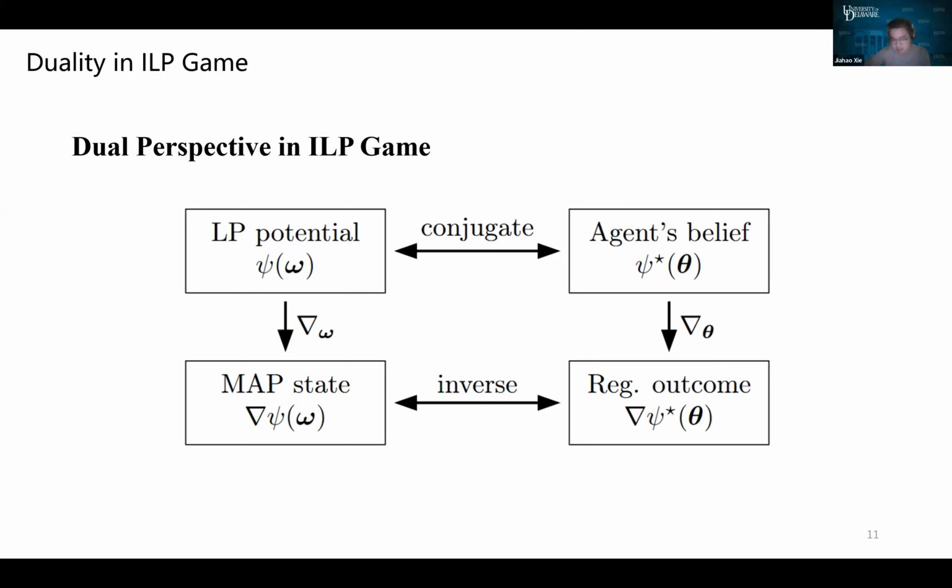This figure provides a dual perspective that captures the relationship between agents' beliefs and underlying uncertainty in the inverse linear programming game. This duality is a powerful concept that helps us interpret agents' beliefs within the optimization framework.